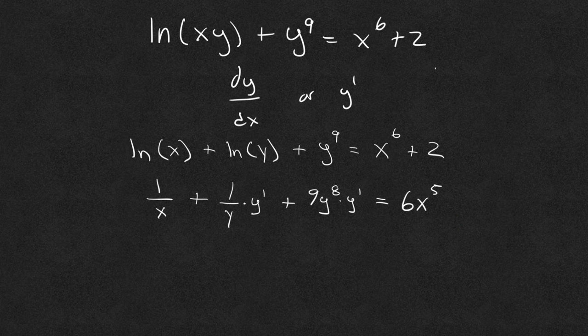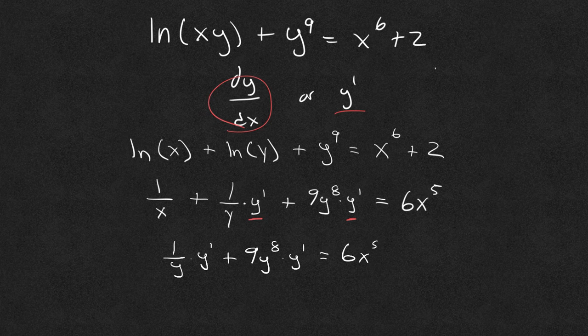Now, in order to solve for dy/dx or y prime, I have to isolate my y primes. The way I'm going to do that is I'm going to take this 1 over x and throw it to the other side here. So what we're going to get is 1 over y times y prime plus 9y to the 8th power times y prime equals 6x to the 5th minus 1 over x.